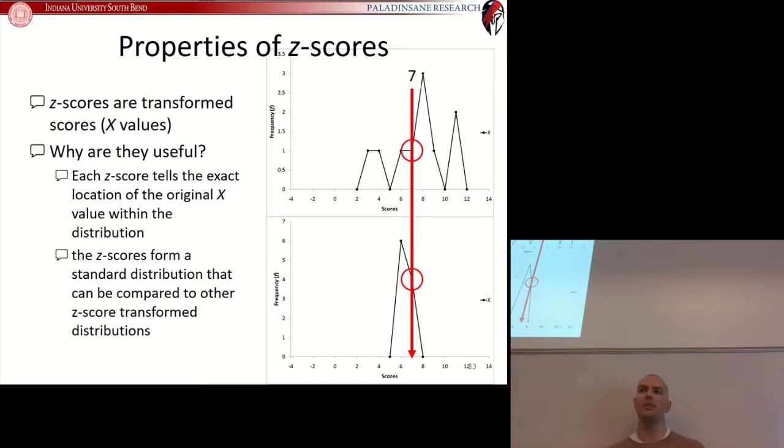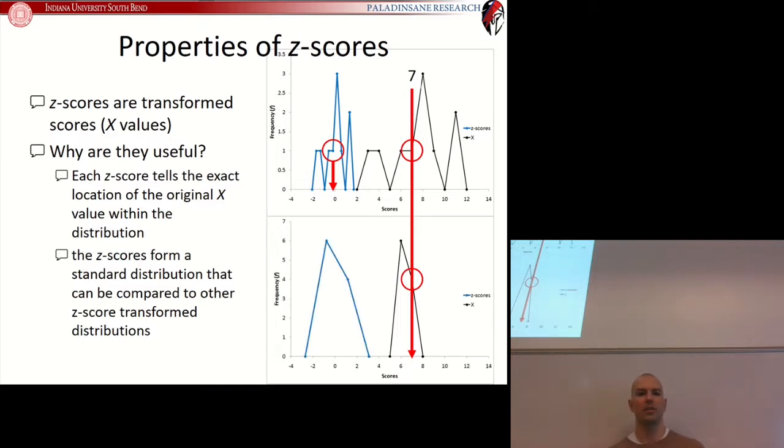However, if you got the Z-scores for those tests, that 7 transforms into a Z-score that is slightly below 0, which tells you immediately that this student scored below average on the mathematics test. However, that 7 transforms into a Z-score that is about 1 1/3 above the average for the English test.